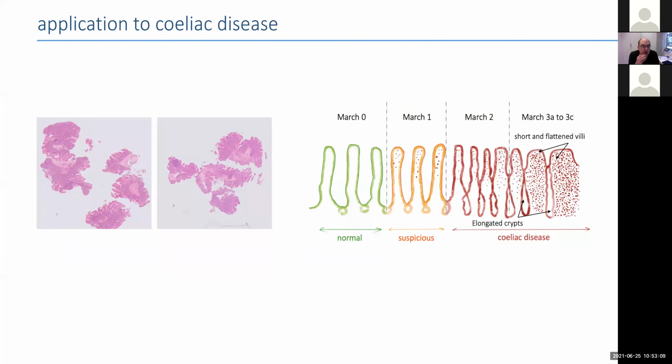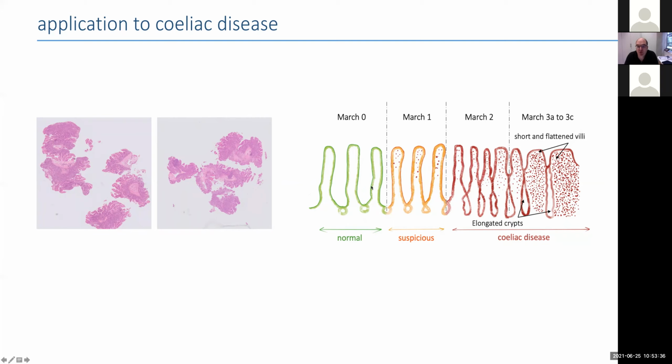And then finally, I just wanted to give you an illustration of how we now apply this in other conditions. So here we're looking at celiac disease. And one problem in celiac disease is to find villi. So imagine you have the epithelium, the inner skin lining of the gut, which has these little villi.